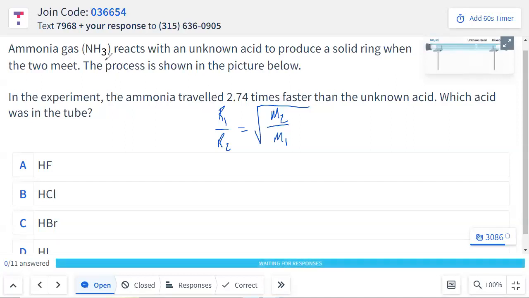If we define the ammonia as our R1 and our M1, what this is saying, the ammonia traveling 2.74 times faster, means that the ratio of rates, R1 versus R2, is equal to 2.74.